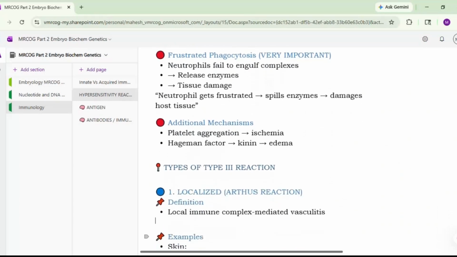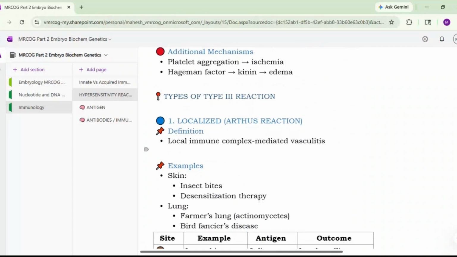Okay. Then what are the types of type 3 reaction? The type 3 hypersensitivity reaction may be localized, such as immune complex mediated vasculitis. So it is a localized Arthus reaction. This is one of the type 3 reactions, where local immune complex mediated vasculitis is there. Okay, what happens here? There may be a skin insect bite, or a second example is desensitization therapy.